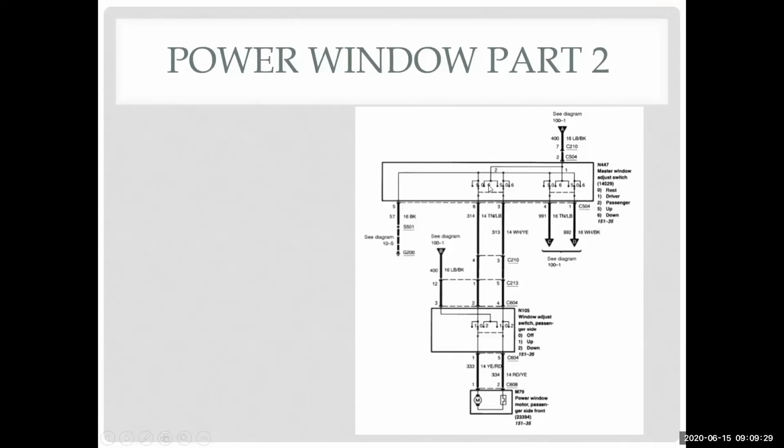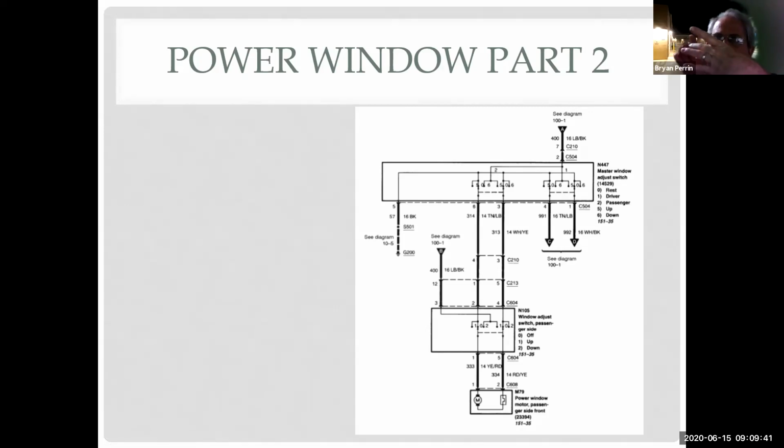So if we look at what happens here, because right now everything's off. So as I move this switch and the whole thing moves together, I make one side power and one side ground. If I go the other way, then I make the other side power, other side ground. So I'm switching it, and that's what allows this to move.